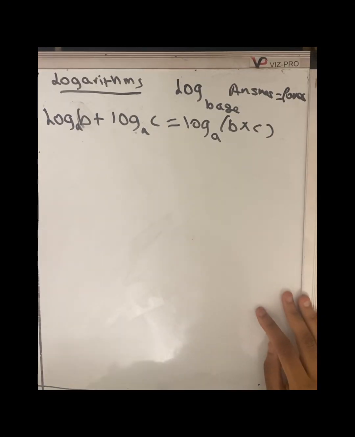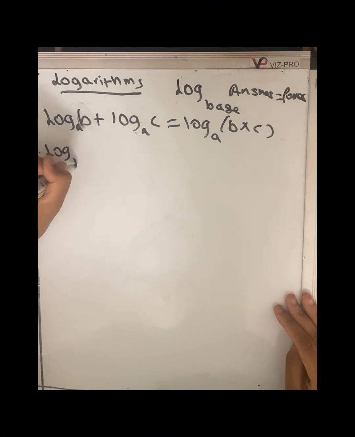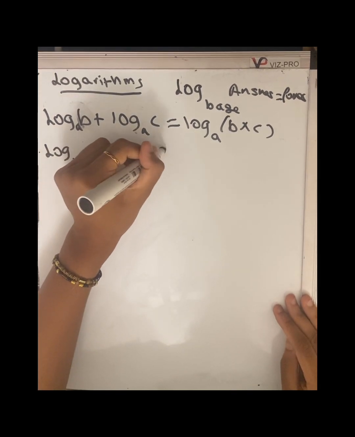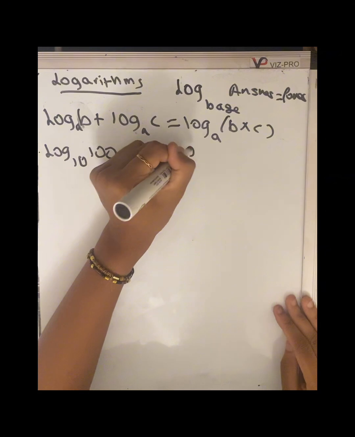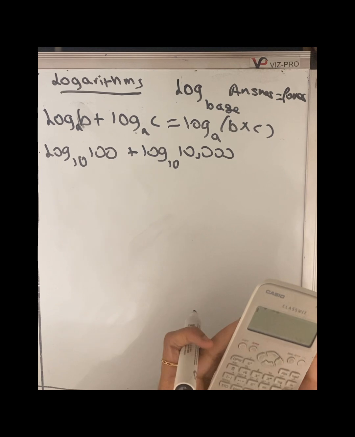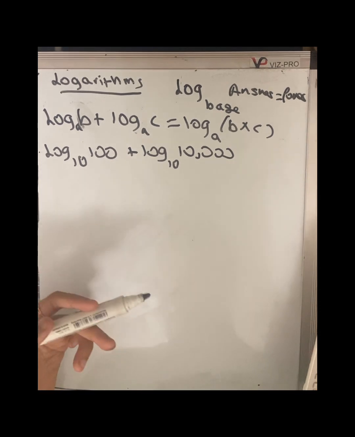An example would be log base 10 of 100 plus log base 10 of 10,000, which equals log base 10 of 100 times 10,000.